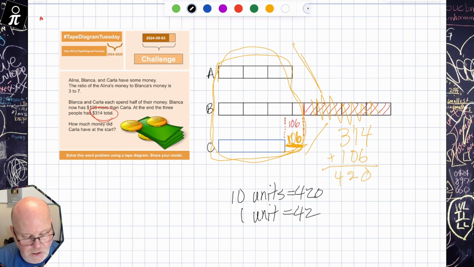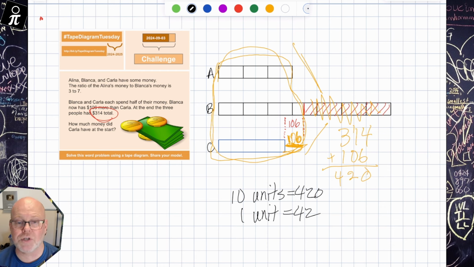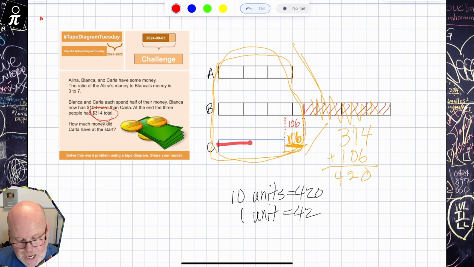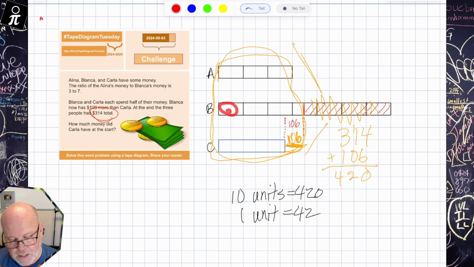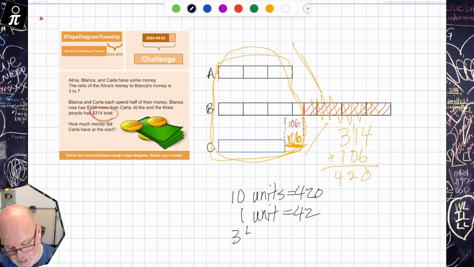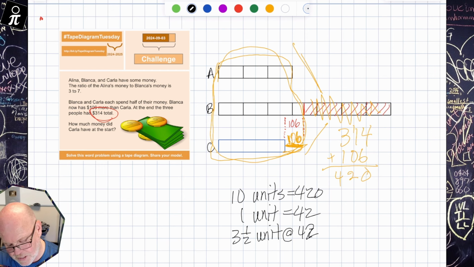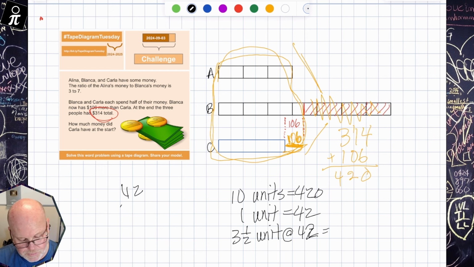And it says, how much did Carla have at the start? Well, she had this much minus the 106. So she had 3.5 units at 42 for each unit. So that's 42 times 3, that's 126, plus an extra half of a unit.